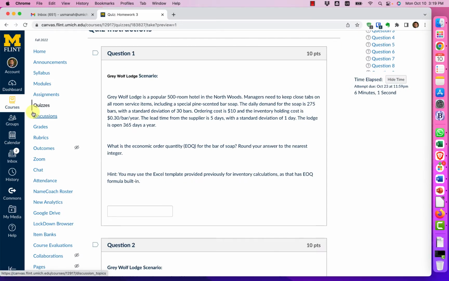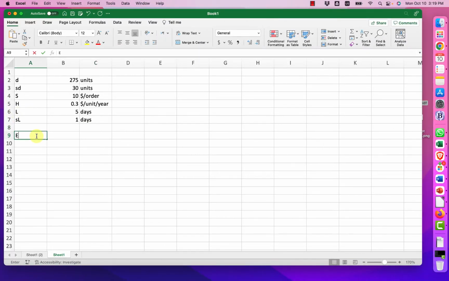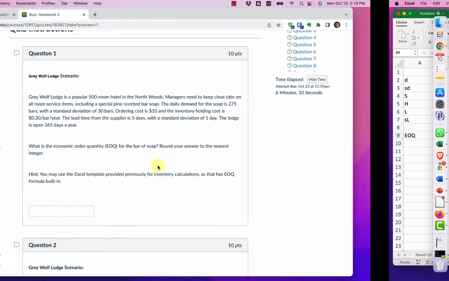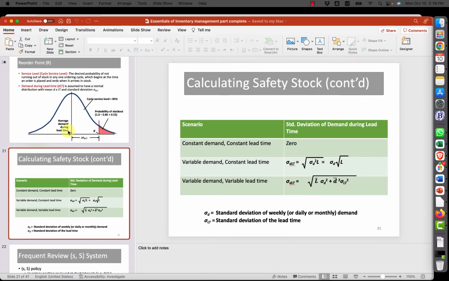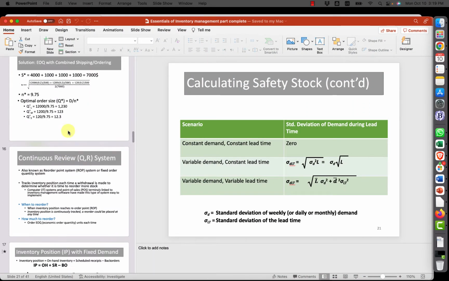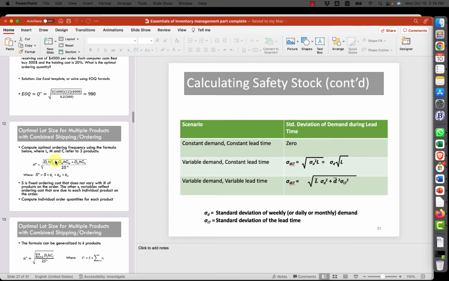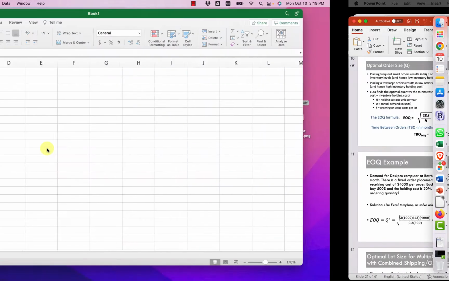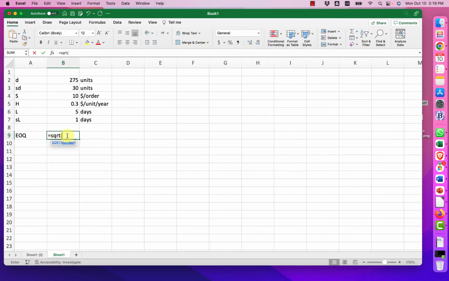Okay, so first we calculate the economic order quantity, EOQ. Now if you check the slides, you have the formula of EOQ given in the slides. So this is like slides 10 and 11. Right, so we'll just plug in that formula, square root of 2 times annual demand.